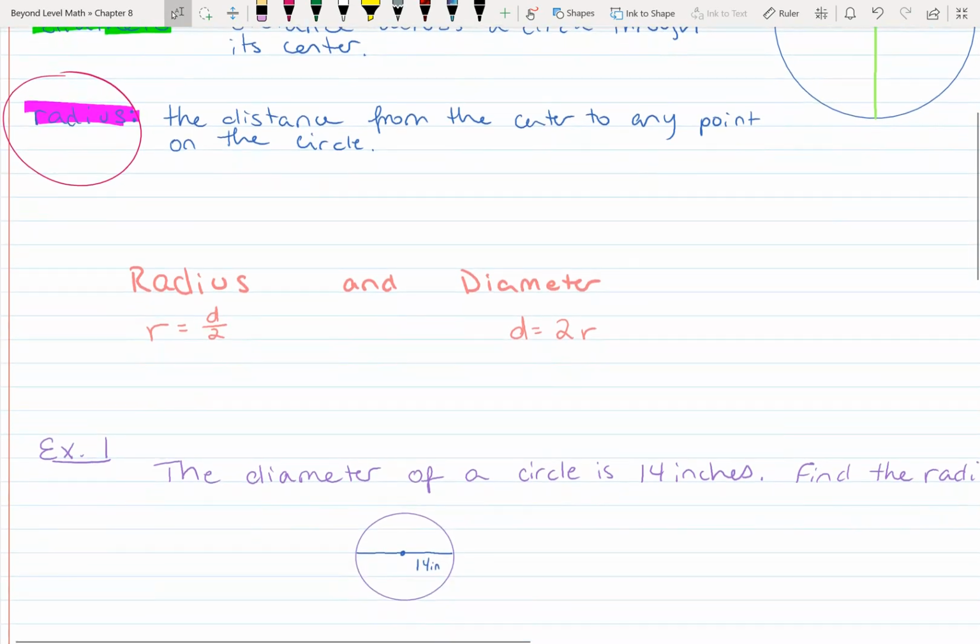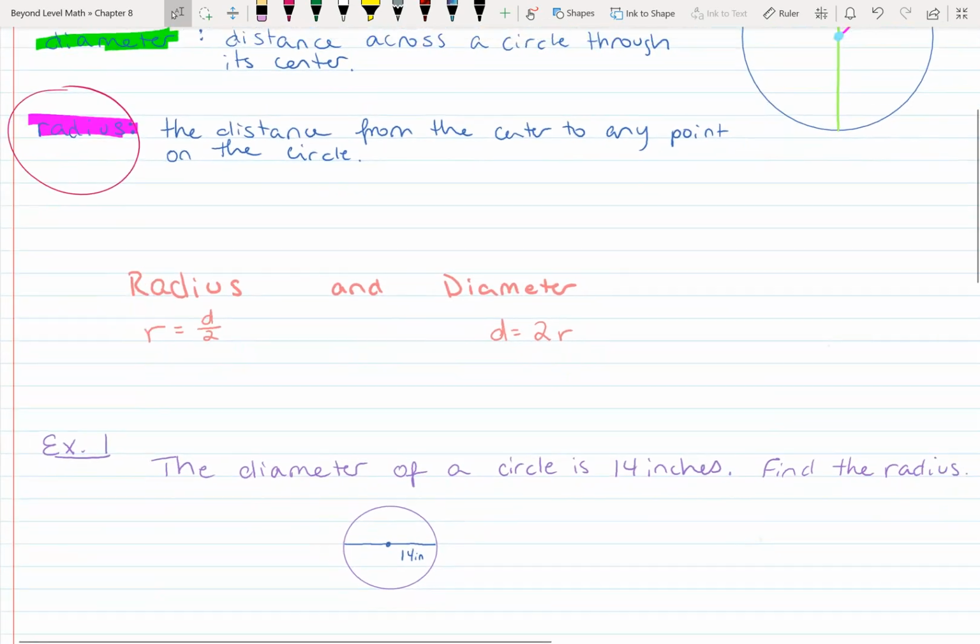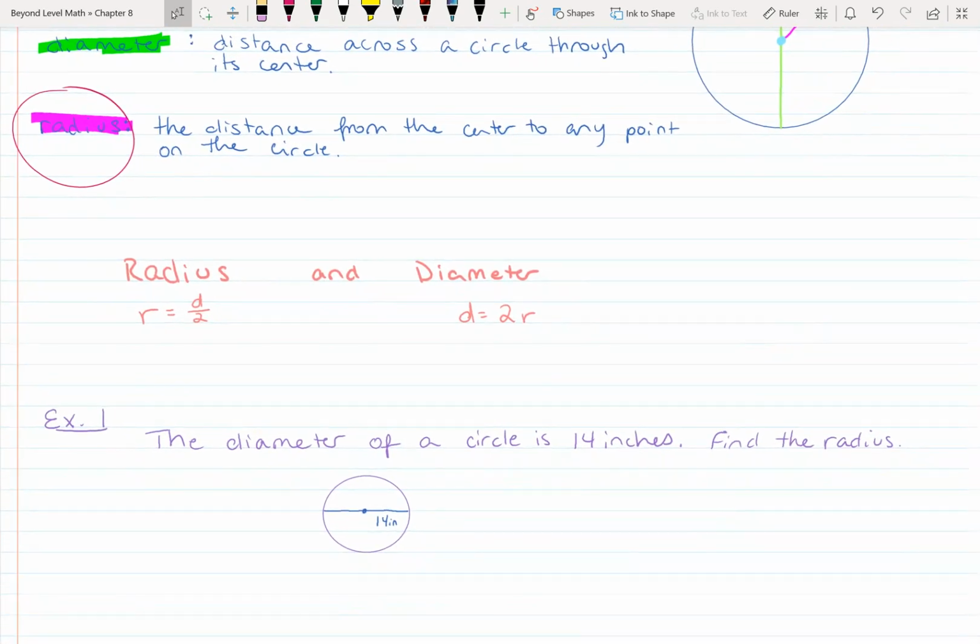So, example 1. The diameter of a circle is 14 inches. Find the radius. Well, the radius is half of the diameter, so r equals 14 over 2, and 14 divided by 2 is 7.